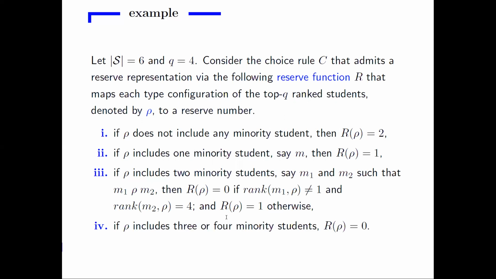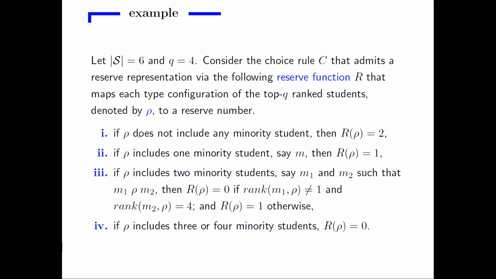And finally, just to complete the example, if in the top chunk I have 3 or 4 minority students, I am assuming that there is no reserve seat at all. The important thing is that these reserves are not changing drastically when we move from one type configuration into another.